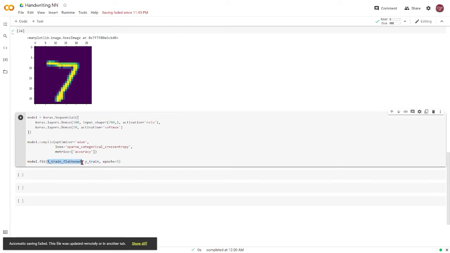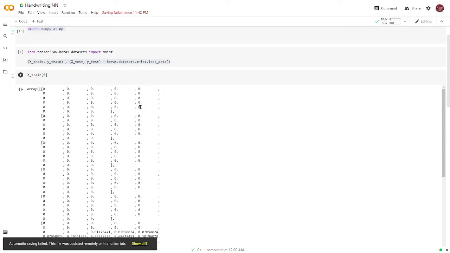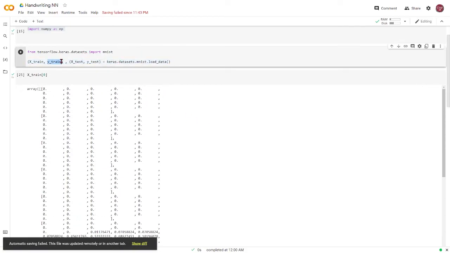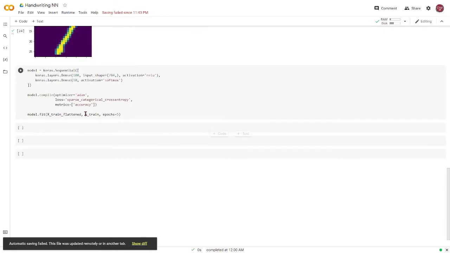The X-trains are going to be our inputs that we send in to get out a predicted output. And epochs just refers to however many times you're going to be recycling the entire data set. So this just means we're going to go through the entire data set 5 times in this one fitting. All this training data that we called up here is going to be sent through this network 5 times on repeat.